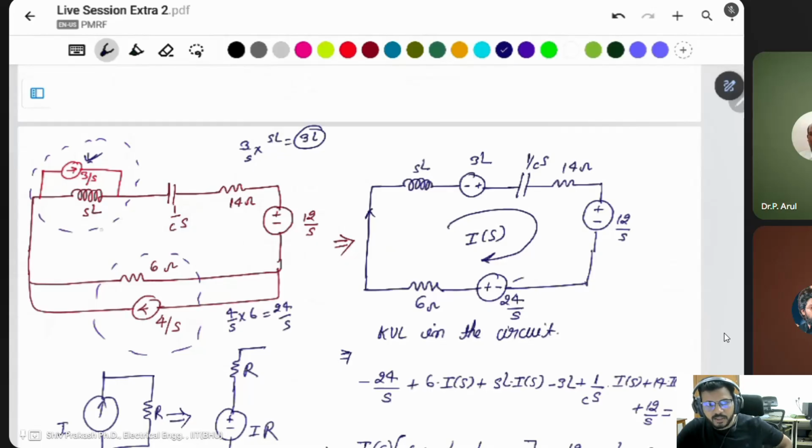This is the Laplace circuit after t equals 0. Then I simply use the source transformation to make all voltage sources. Here everything is in a simple KVL loop.